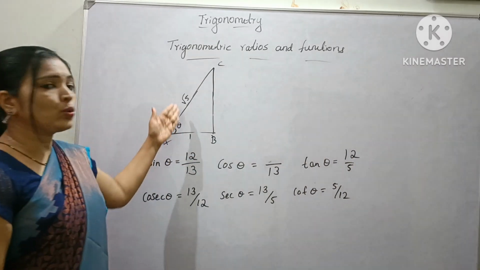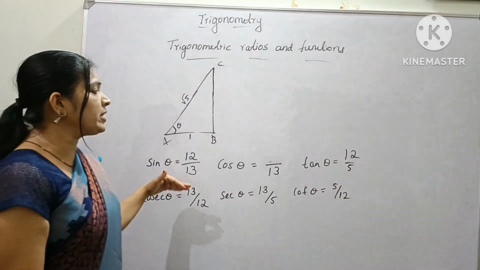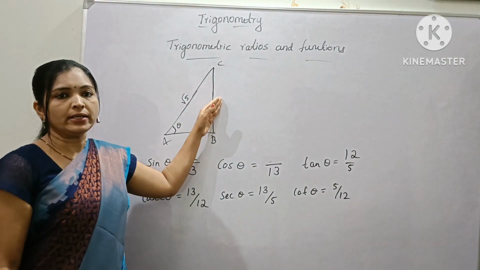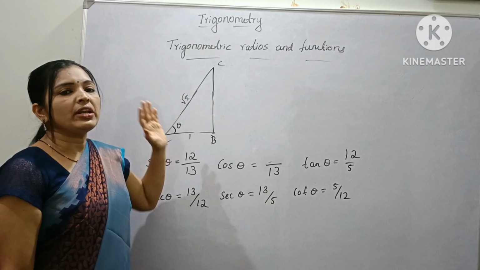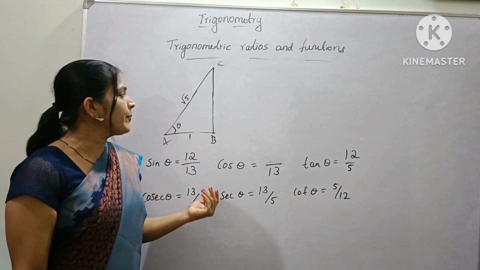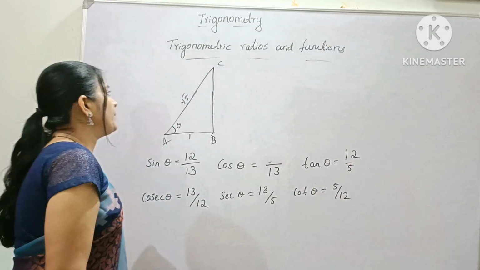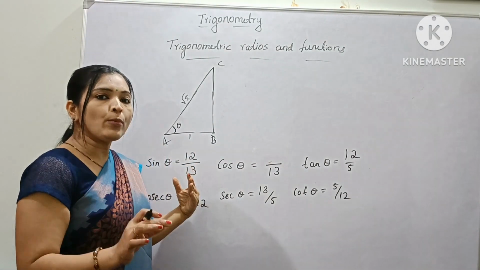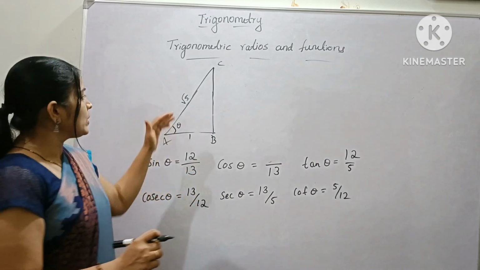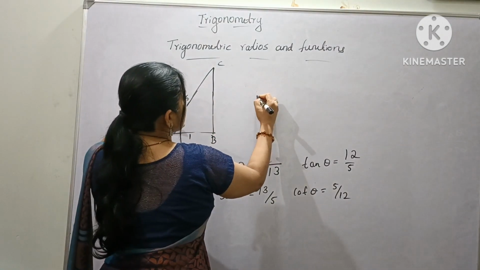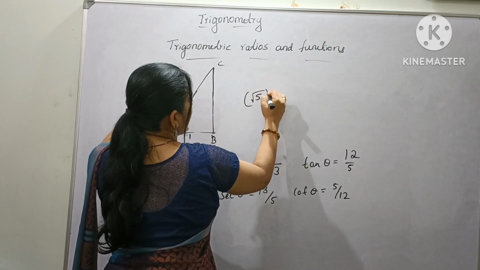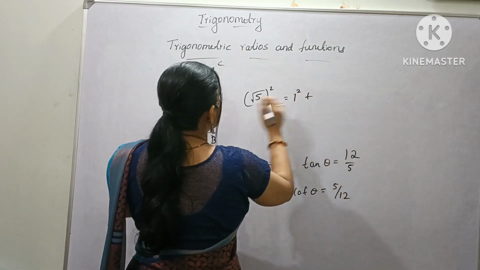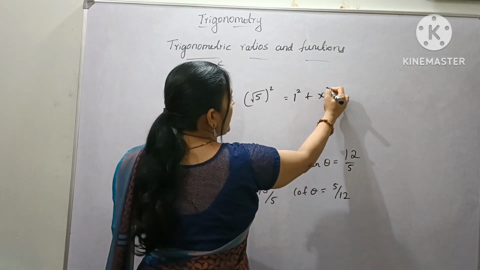See here only two sides are given. To find the values of 6 trigonometric ratios we need 3 sides, right? So for that we will apply Pythagoras theorem. What is Pythagoras theorem? Square of hypotenuse is equal to sum of squares of other two sides, right? So here square of hypotenuse, that is root 5 square, is equal to 1 square plus, let it be x, x square.